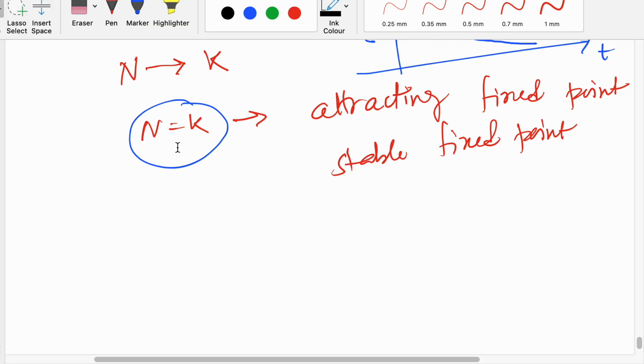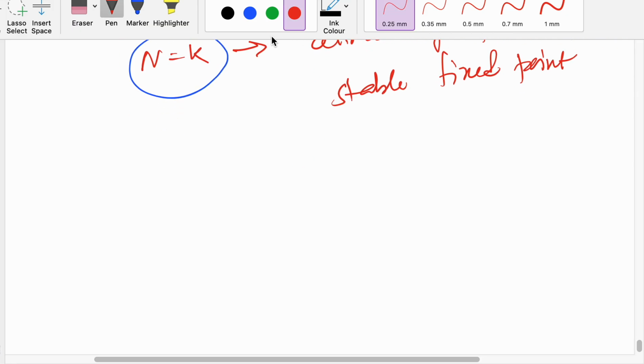The populations of bacteria, yeast, and protozoa, and there are other things also where you can model populations. So let me write it: bacteria, yeast, and protozoa.